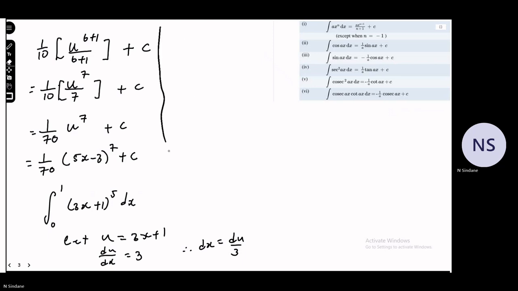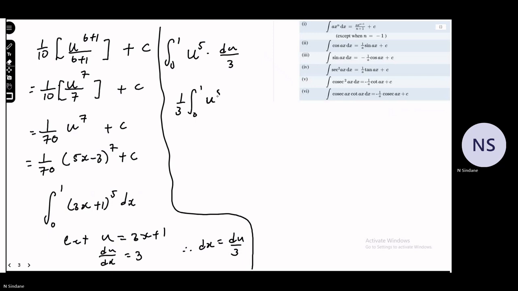It comes back here. This will be the integral from 0 to 1 of u to the power 5 multiplied by du over 3. And then 1 over 3 integral from 0 to 1 of u to the power 5 du.